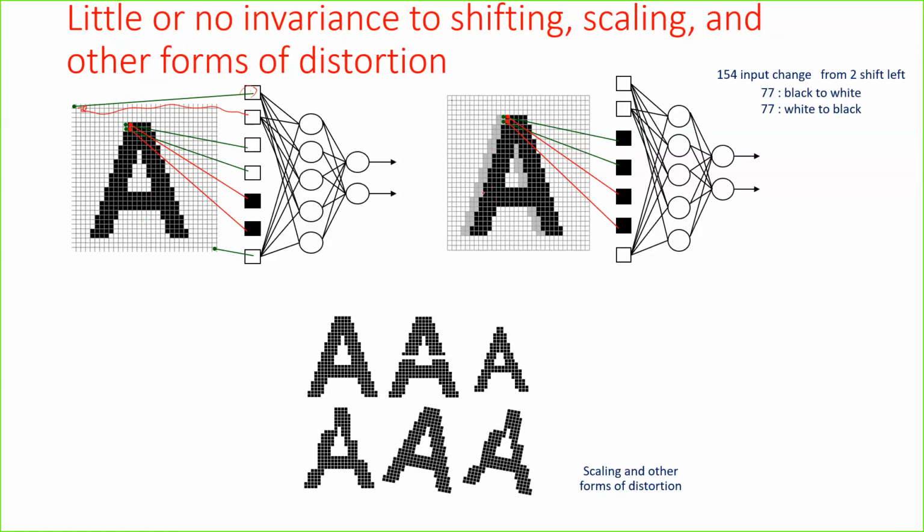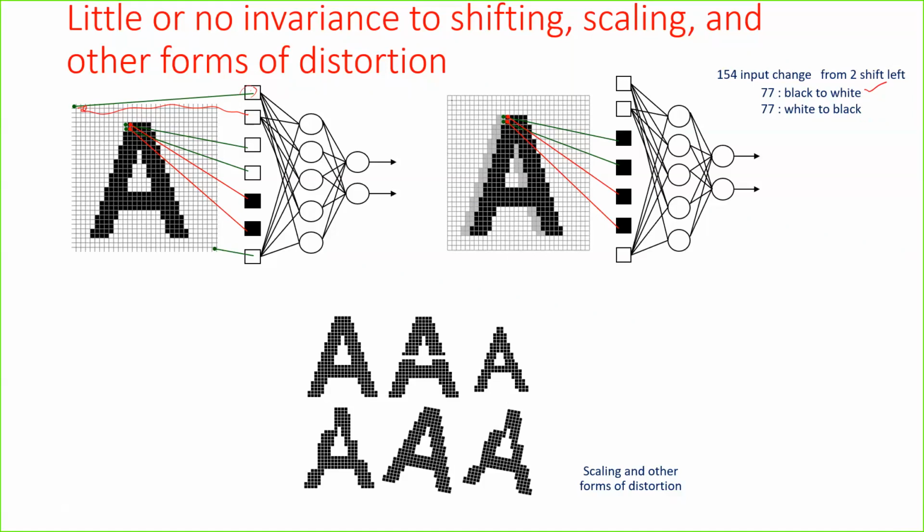Suppose I move this image 2 positions to the left or right. With that small change, 77 of the black pixels are now turned to white pixels and 77 of the white pixels are now turned to black pixels.